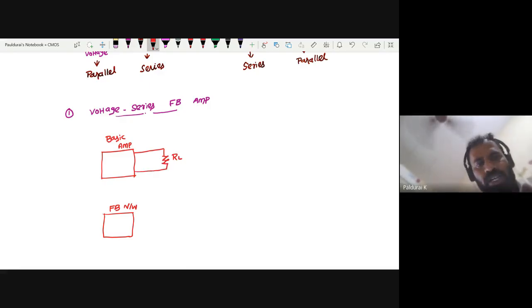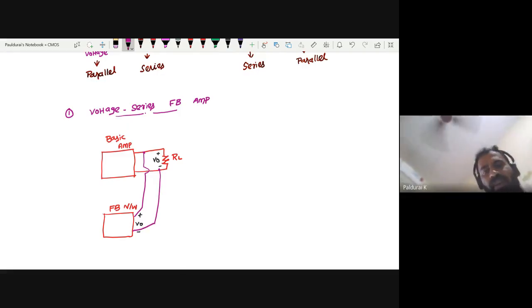Now voltage series, how to sketch? The output is voltage sampling, so this is my Vout. You connect in parallel, Vout plus minus, plus to plus, minus to minus.